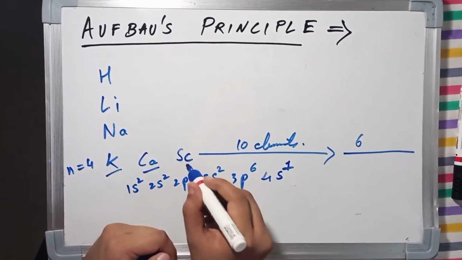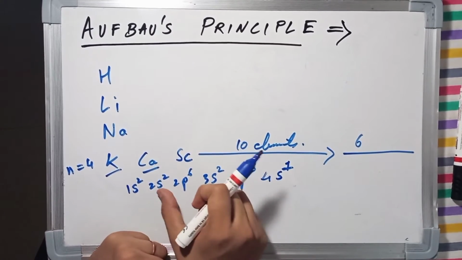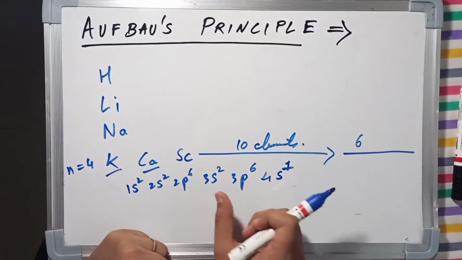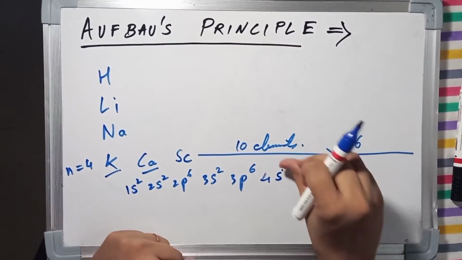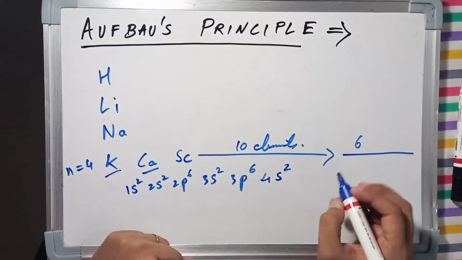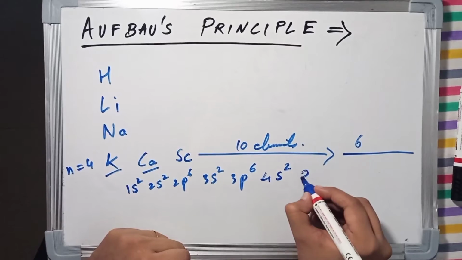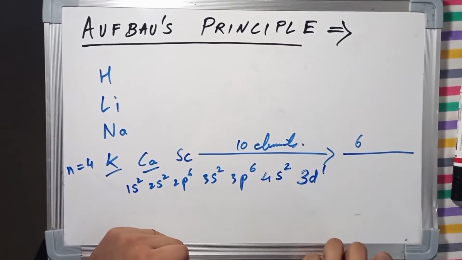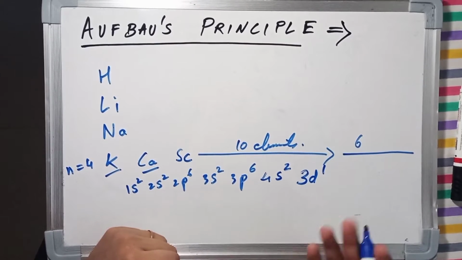The electronic configuration of scandium is 1s2, 2s2, 2p6, 3s2, 3p6, 4s2, and now pay attention to this one: it is 3d1. Now there is some magic going on here. This is very arbitrary. It must have looked very arbitrary.